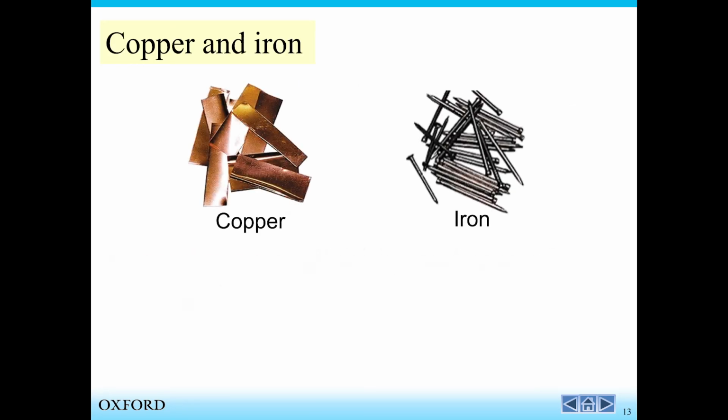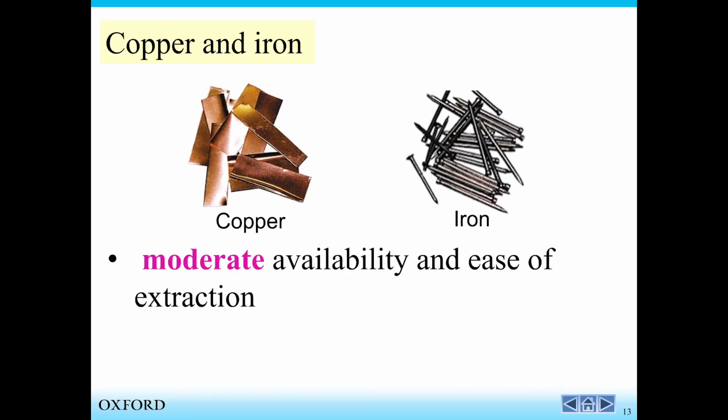Copper and iron, on the other hand, have moderate availability and ease of extraction. That means they're moderately reactive, somewhere in the middle. For this, we're still using a chemical method, which we'll learn later on.